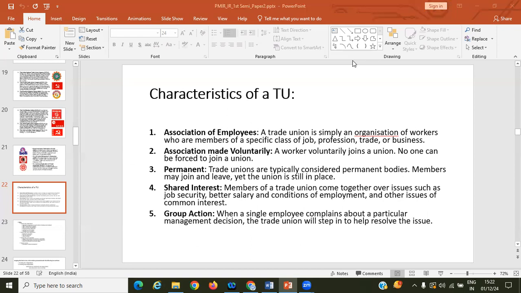You can elaborate on so many things. Characteristics, whatever they are, you study them. If you get a question like what are the features, it is the same as characteristics, principles; all are the same.